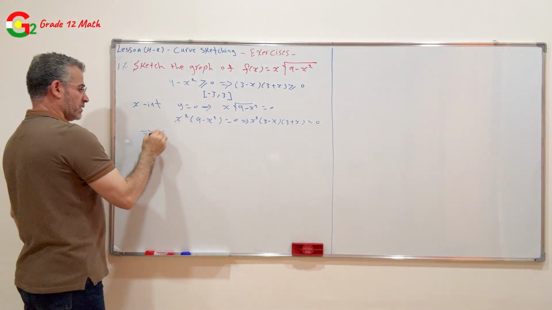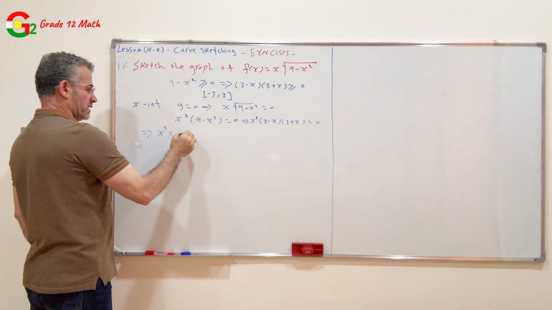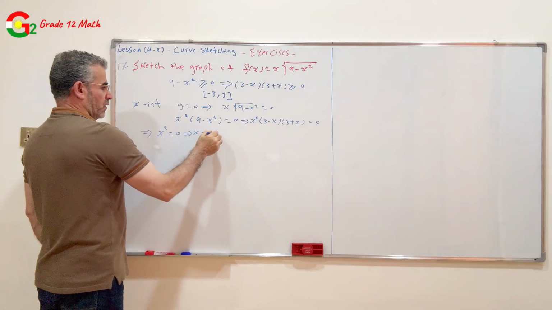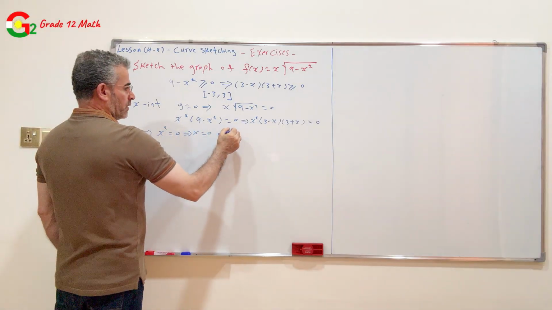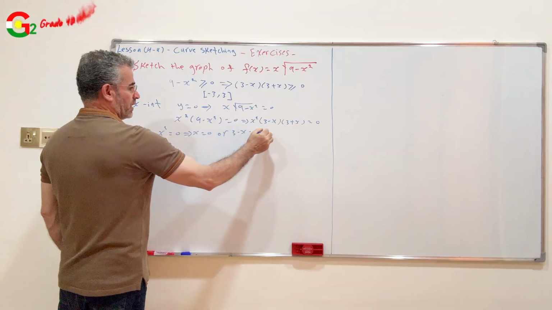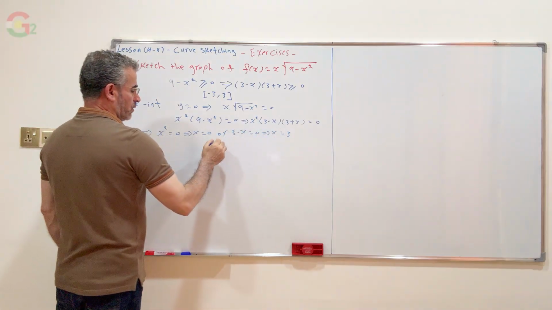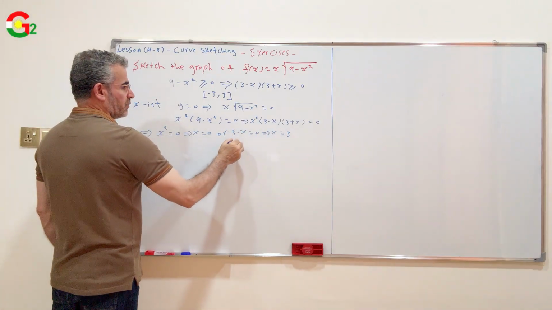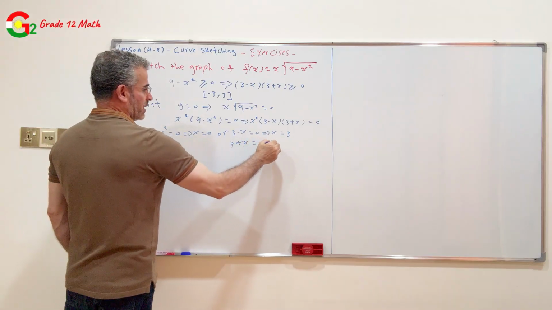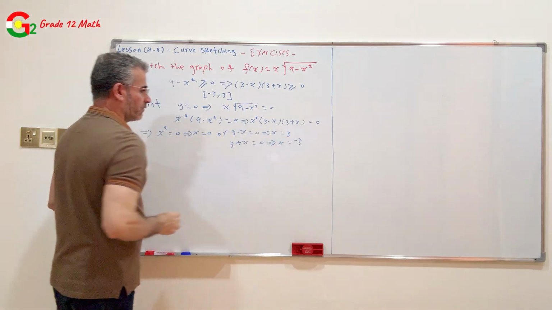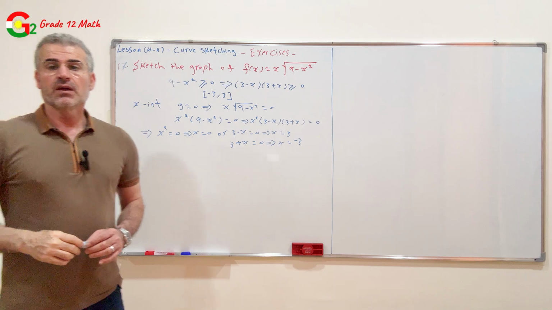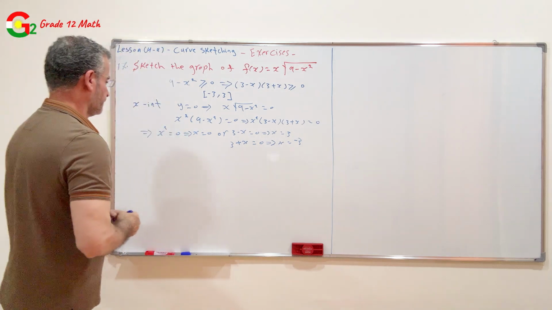Therefore, either x to the power 2 equals 0, then x equals 0, or 3 minus x equals 0, then x equals 3, or 3 plus x equals 0, then x equals negative 3. Therefore, we have 3 x-intercept points.